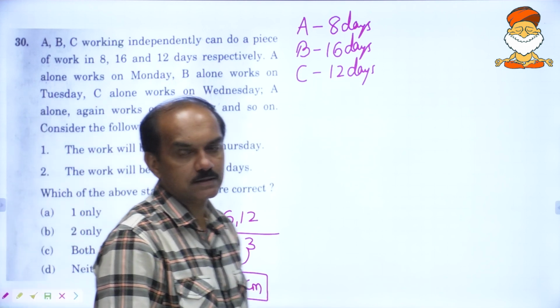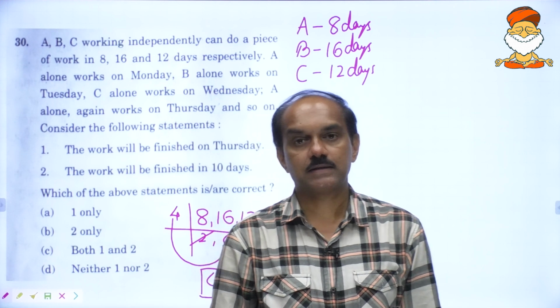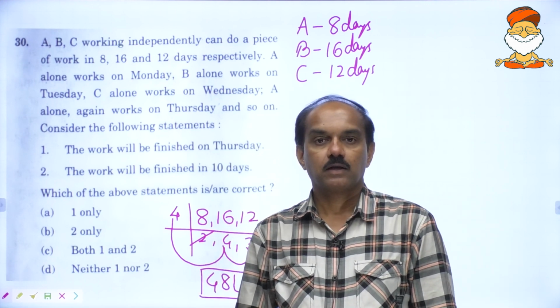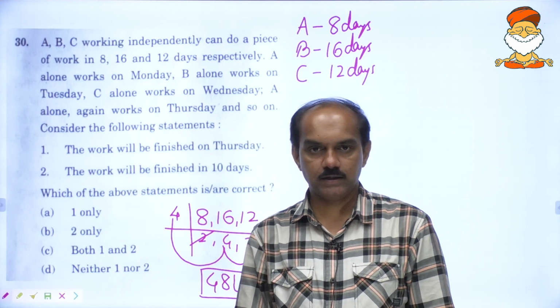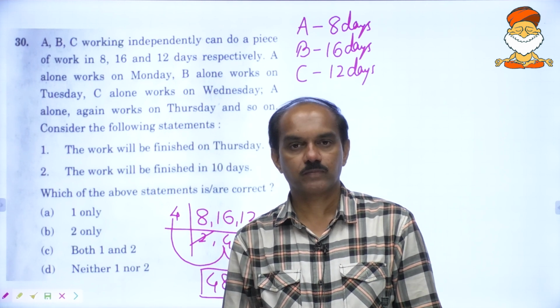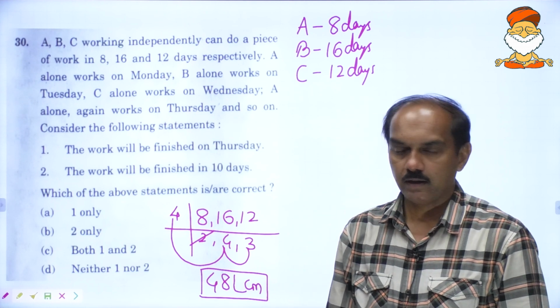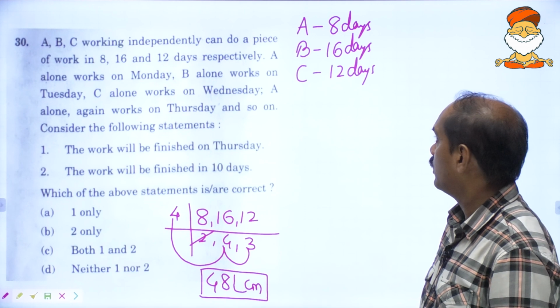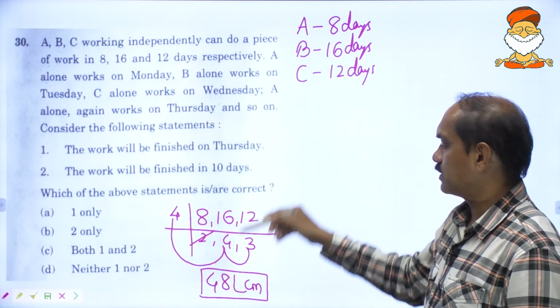So using this LCM 48, let us define the work. How can that be done? If 48 chairs are arranged in a room, the work is finished. This is how we can define the work. Arranging 48 chairs in a room itself is the work.